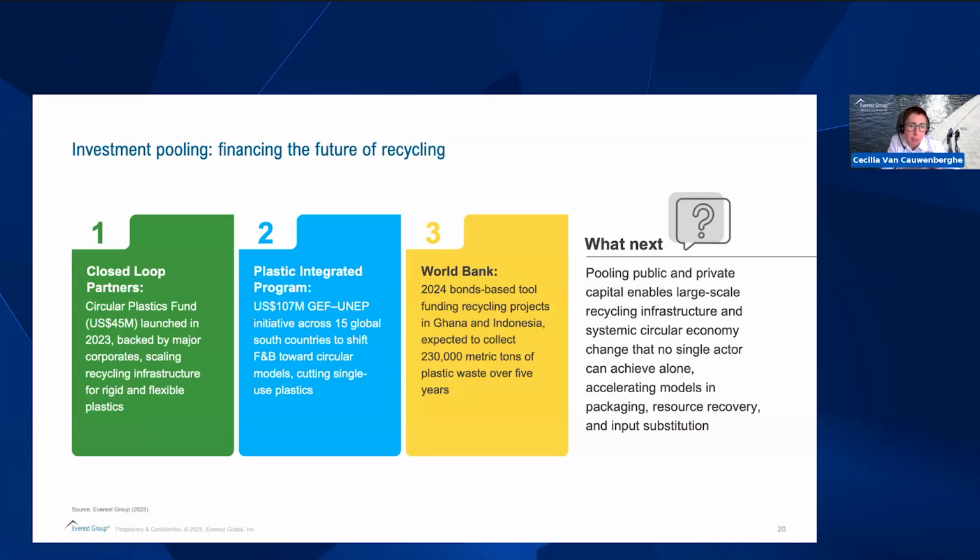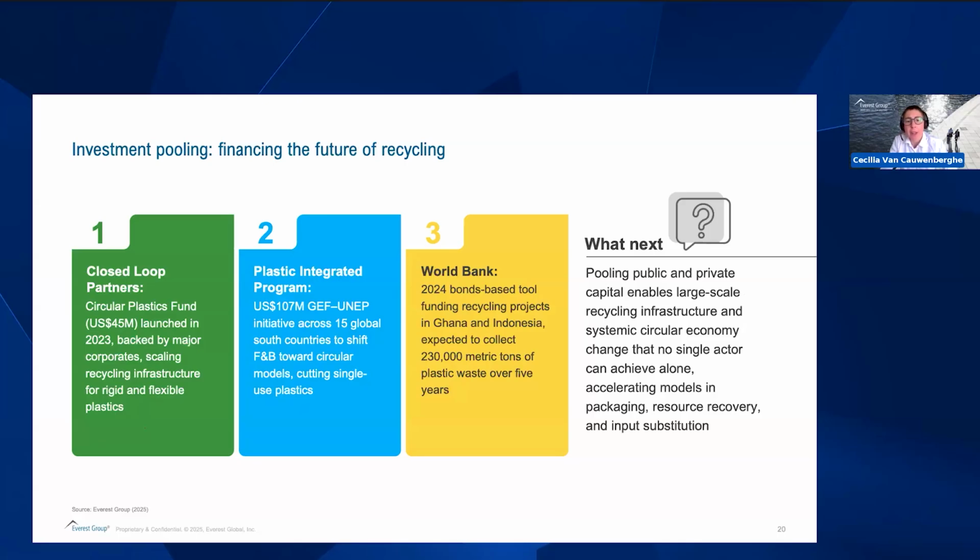Another good example here is the Global Environment Facility from the United Nations Environment Programme, with its plastics integrated program. It's a multi-country initiative demonstrating how development finance accelerates industrial circularity in emerging markets. This program supports infrastructure for collection, washing, and reprocessing of single-use plastics into recycled feedstocks for food and beverage packaging.